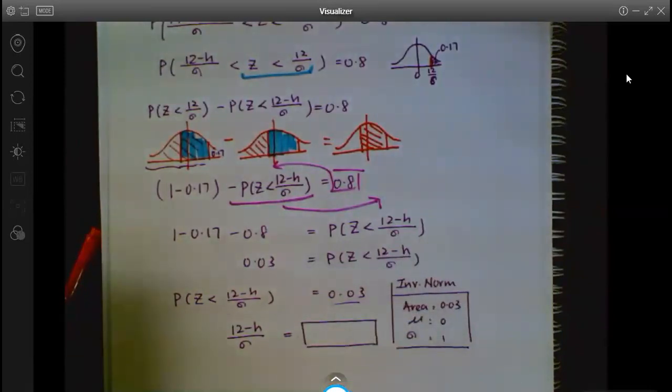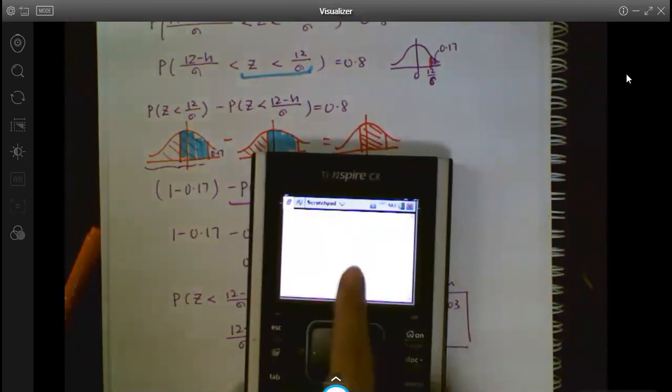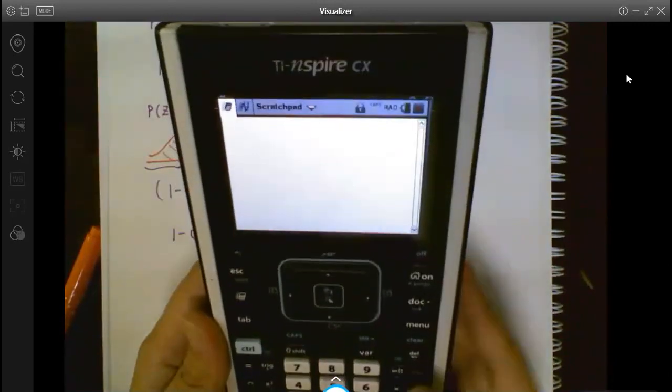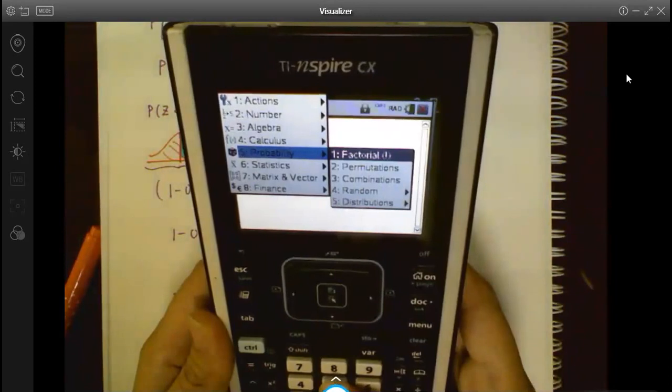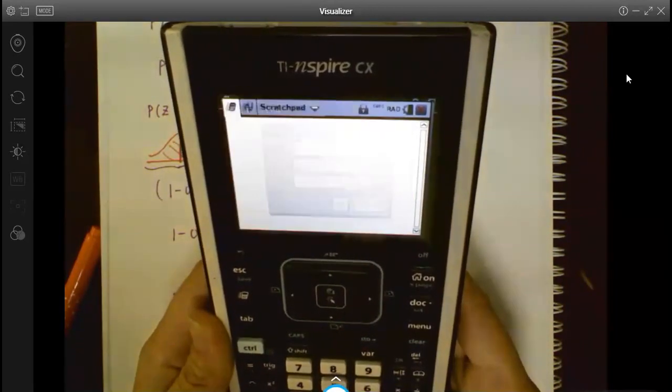So we turn on your calculator, and get to this page. Right, menu, 5, 5, this time 3.